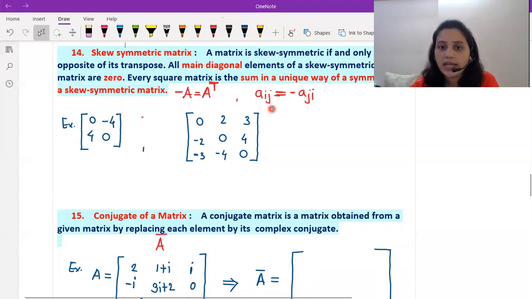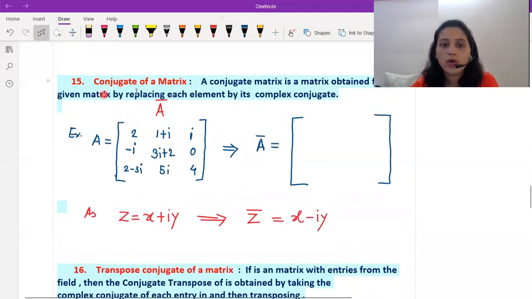Why? Because Aij is equal to minus of Aji. And suppose I am going to add this, then it will become 0, right? So that means diagonal elements of the skew-symmetric matrix are always equal to 0, and non-diagonal elements are nothing but the negation or opposite of each other. Okay.